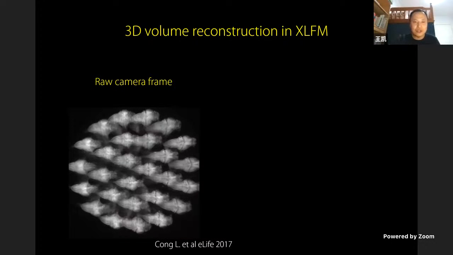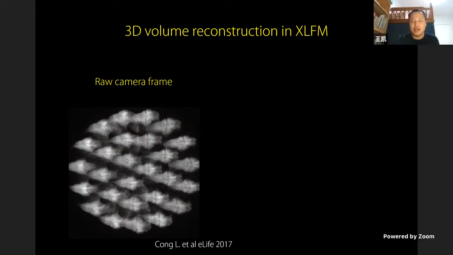Just take a look at the raw camera frame. This is a picture we get on the camera frame, and this is not a point source, it's a three-dimensional zebrafish brain. So you see a lot of zebrafish brains. Actually, each small image of this zebrafish brain is the projection view from a certain direction.